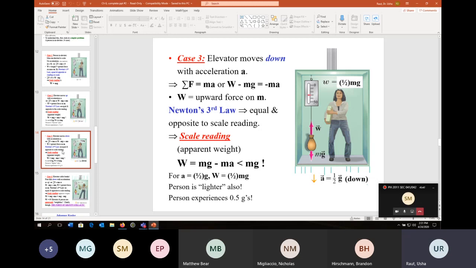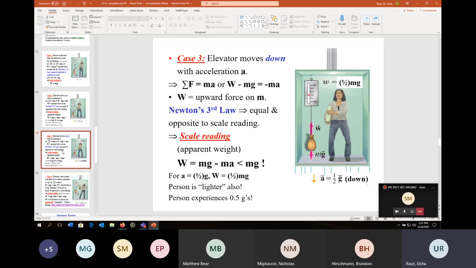So the weight is a relative thing, right? Obviously, it seems to depend on the state of motion, in this case of the elevator. And so what's the only constant here? It's the mass that's a constant, not the weight. Weight depends on g.